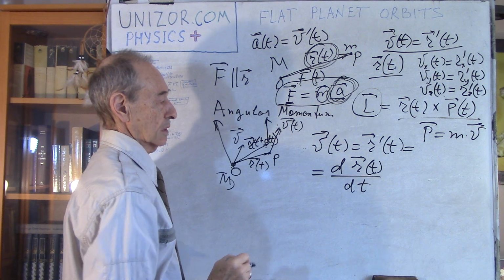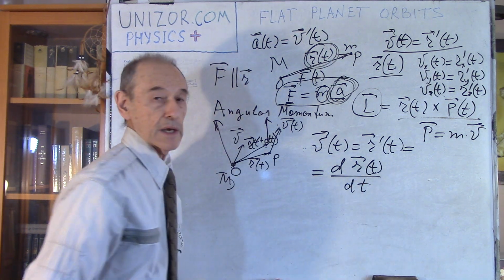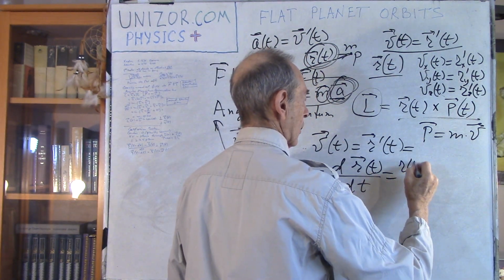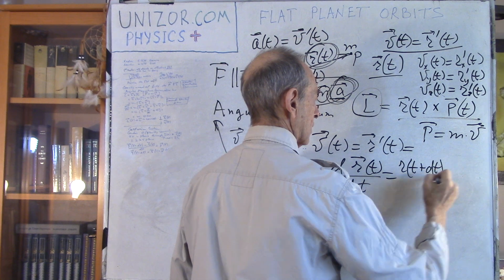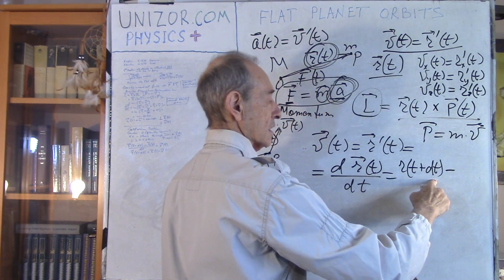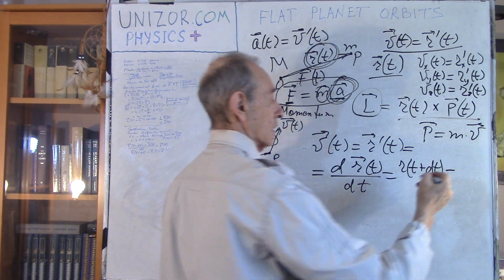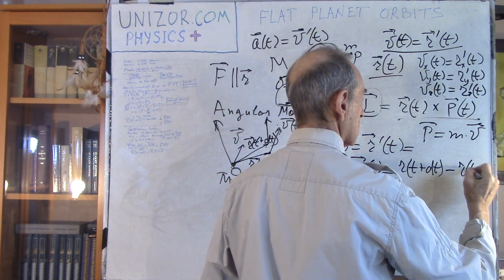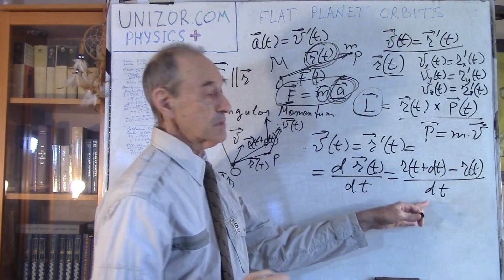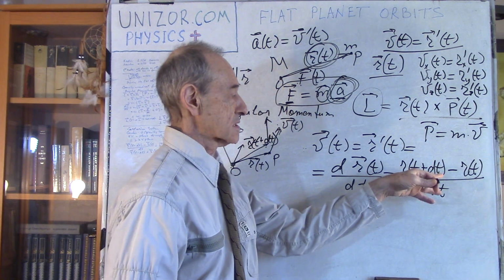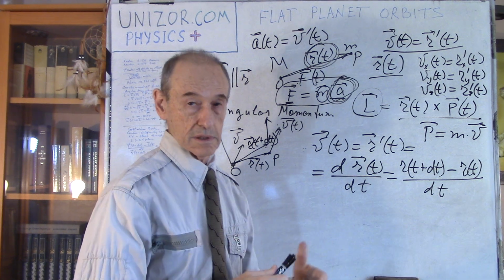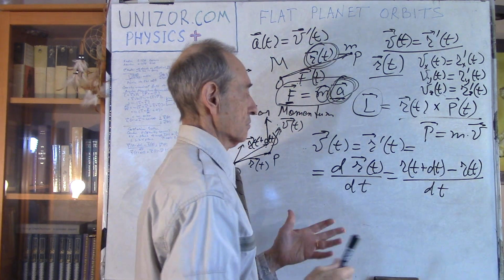Which is basically the increment of position divided by the increment of time, which is r of t plus dt. What is the increment of position? That's the next position in time incremented by an infinitesimal value minus r of t, divided by dt, which basically means it's a limit when this displacement of time is diminishing to zero. That's what it means.